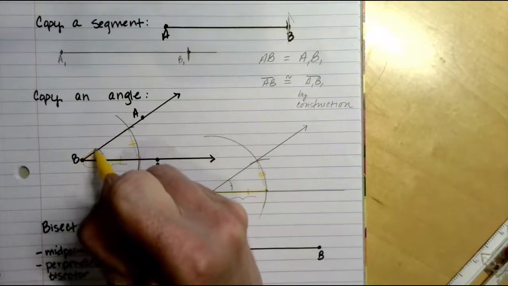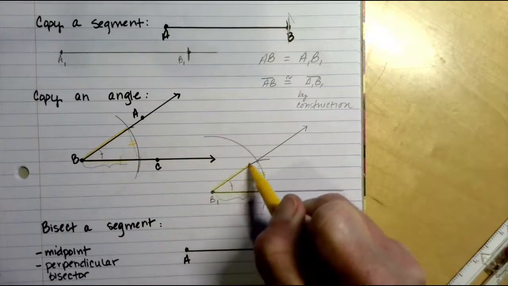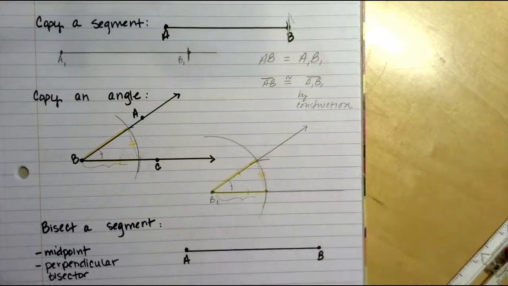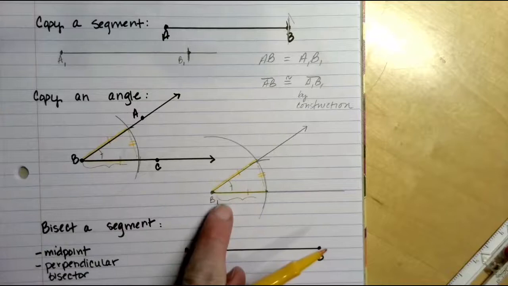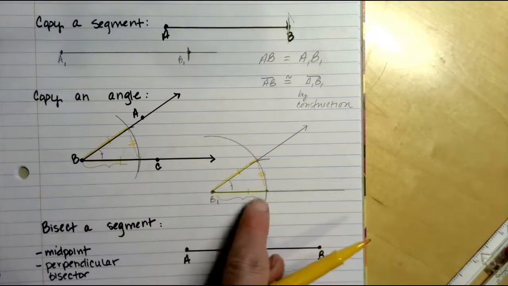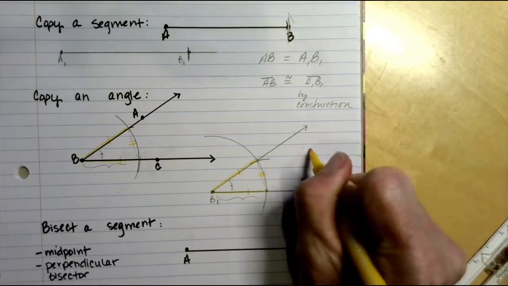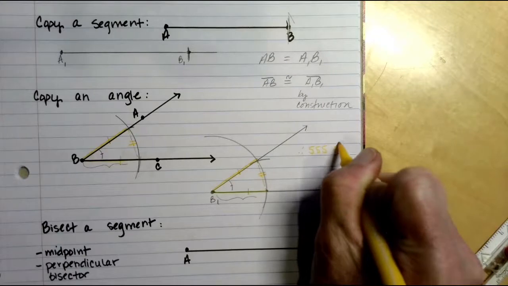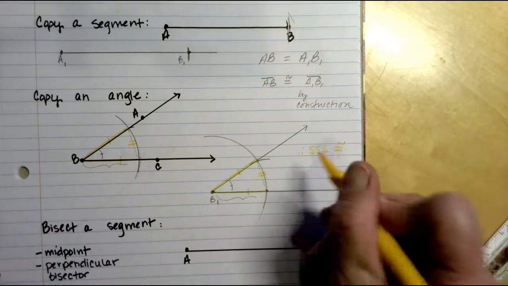This is a second radius of this circle that I've created, and this is going to have the same measure as this original side because they are both radii of the same center point on the same circle. So therefore, side, side, side congruence guarantees my triangles are congruent.